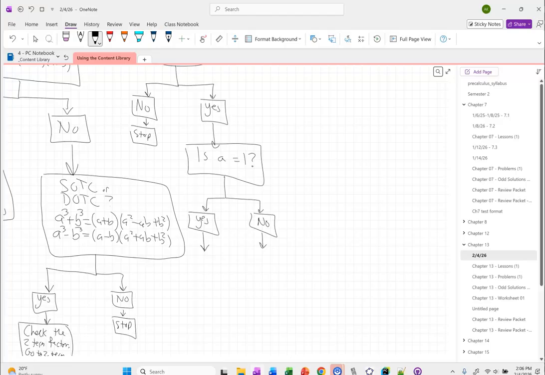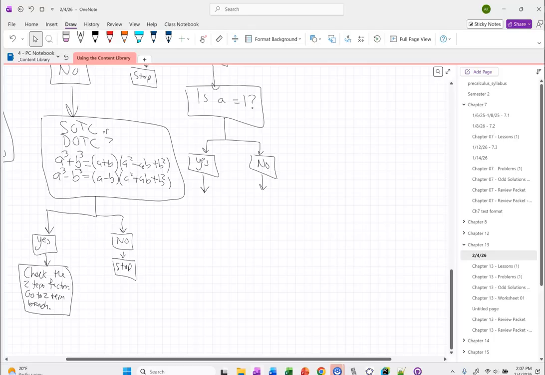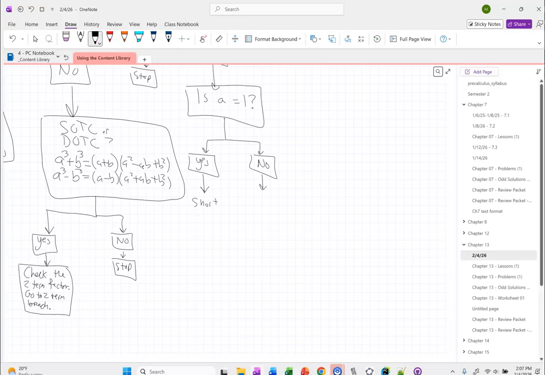If the leading coefficient is equal to 1, then we can do our short factor and go directly to our 2-term check. I'll just put a question mark after it.